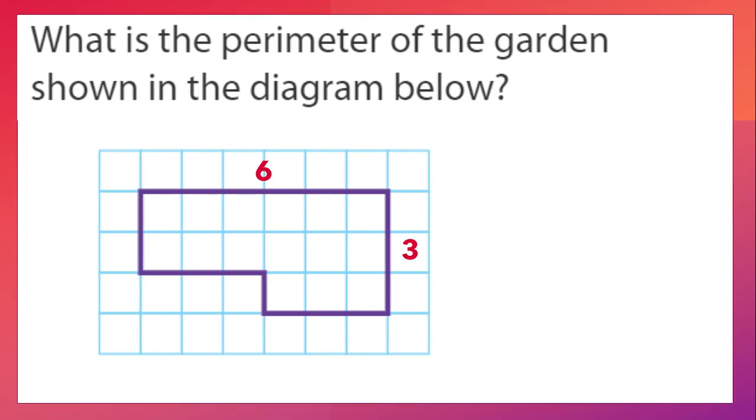Then the sides would be, this side would be 1, 2, 3 feet. The bottom portion would be 1, 2, 3 feet. This little nook is 1. And then this side is 1, 2, 3 feet. And this side is 2 feet.